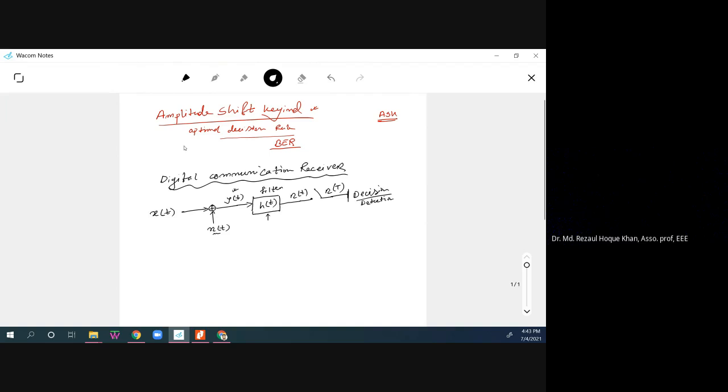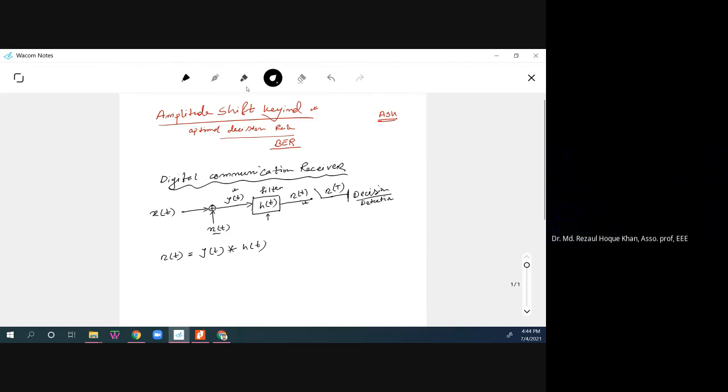The received signal r(t), the output of the filter, is nothing but y(t) and its complex conjugate. We did the detail of this equation several times, so for the sake of convenience, or to refresh your memory, I am just drawing it.